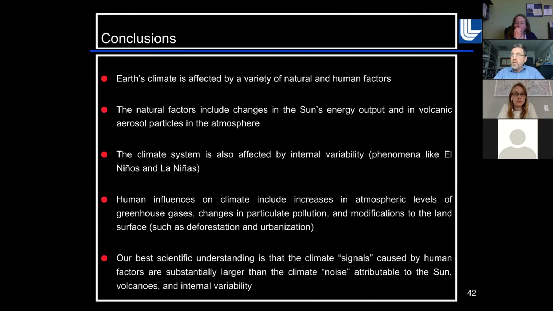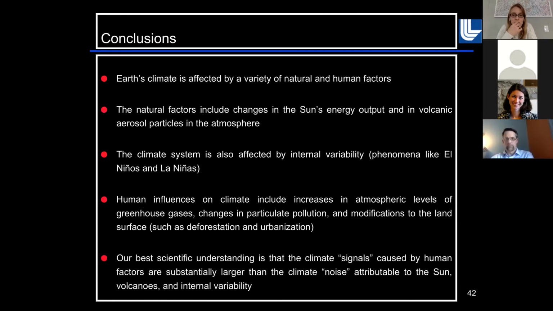And as I showed you in the last slide, when you put it all together and try to separate these individual natural and human influences, our best understanding, not just from that figure, but from a variety of different sources, is that the climate signal, the warming that we are causing by human activities, is substantially larger than the noise due to natural events only.